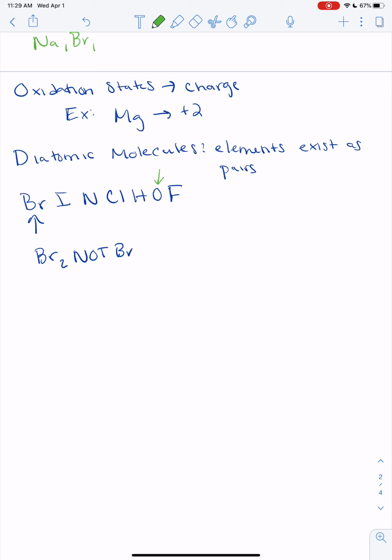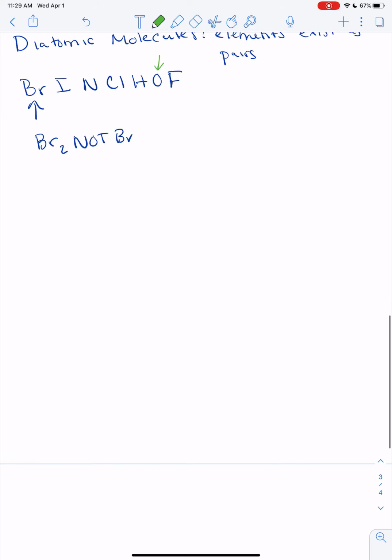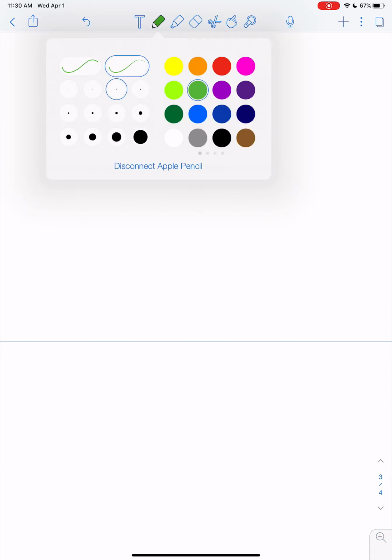But I'm going to now move on to Thursday section, which is part 2. Okay, so now I'm moving on to Thursday section, part 2, and this starts off with single replacement reactions.